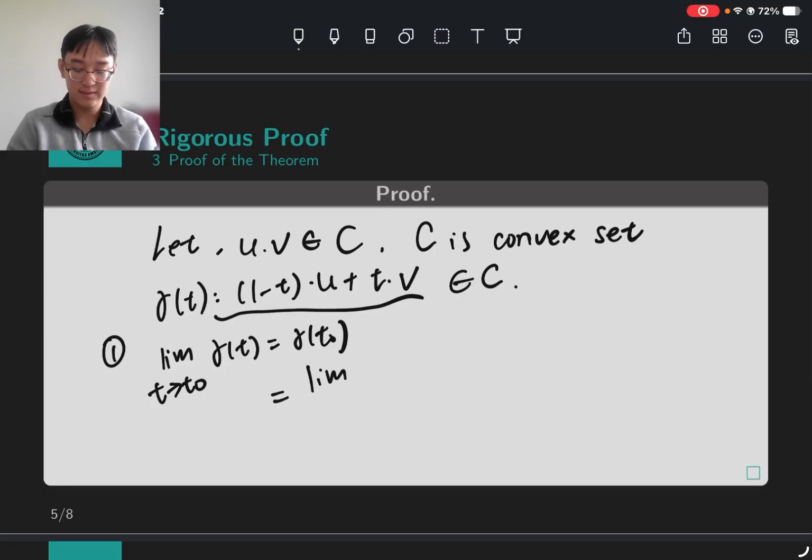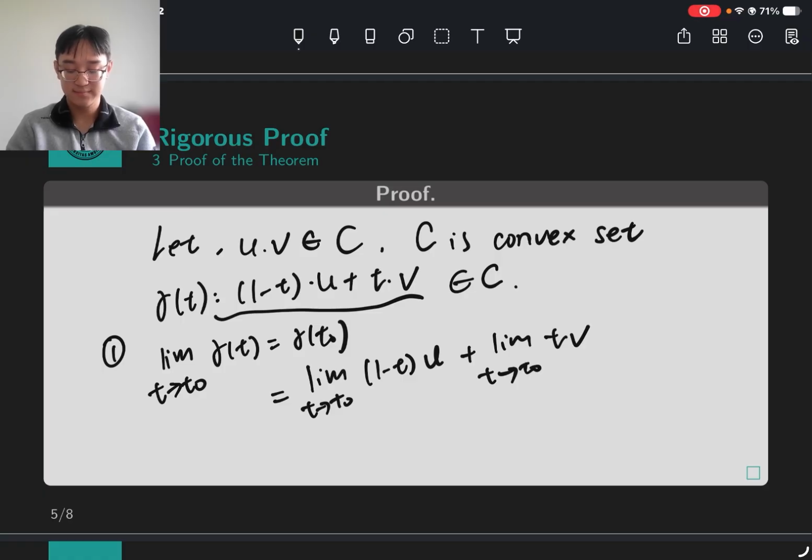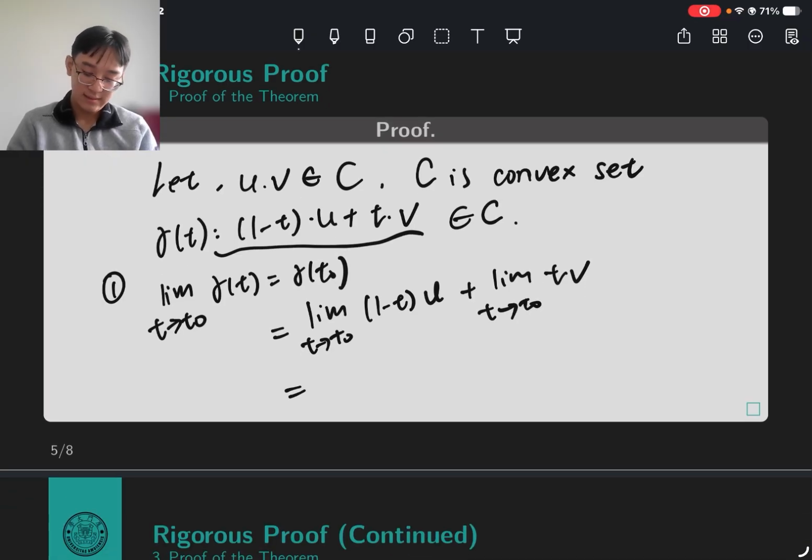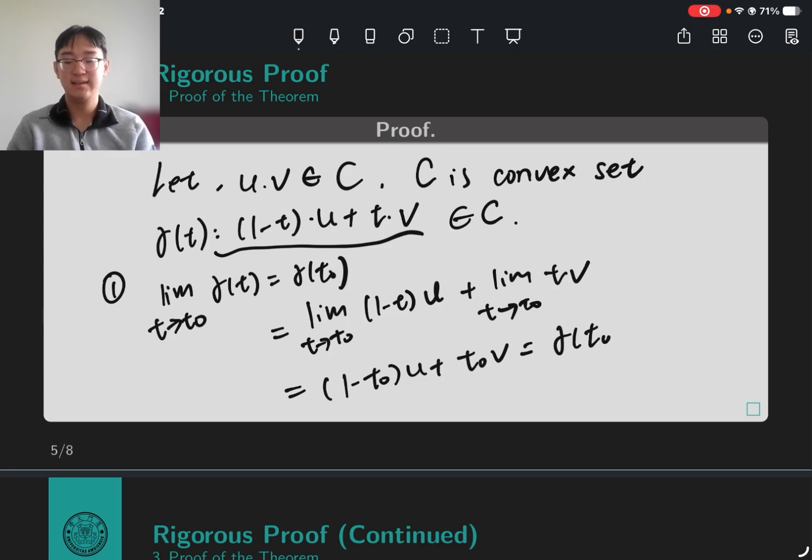This is equal to the limit as t goes to t0 of 1 minus t times u, plus the limit as t goes to t0 of tv. We just plug t0 into the equation, and this is exactly gamma t0. So we have proved that gamma t is a continuous function.